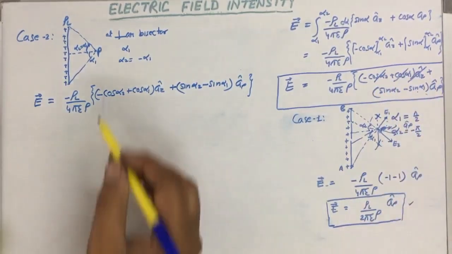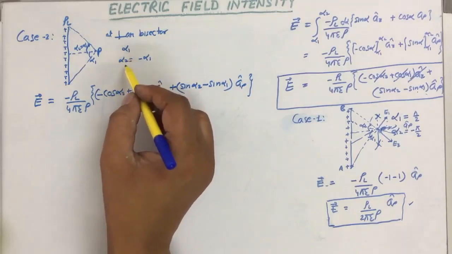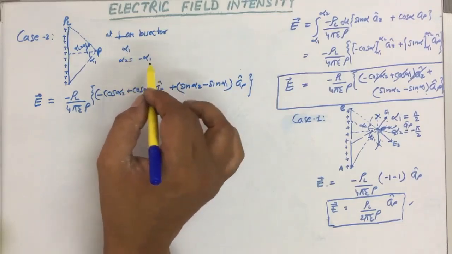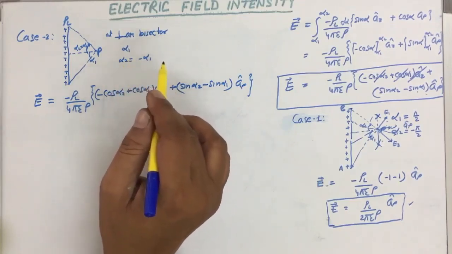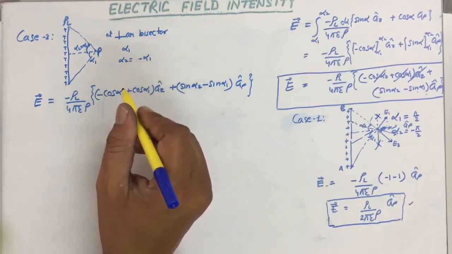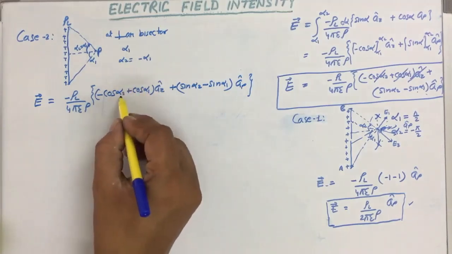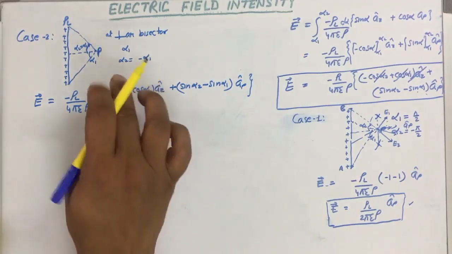Now we have to put the values of alpha 1 and alpha 2 in terms of either alpha 1 or alpha 2. So let us put it in terms of alpha 1. So alpha 2 should be equal to minus alpha 1.